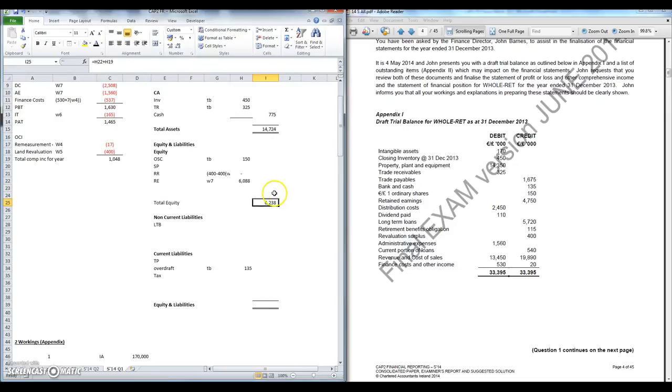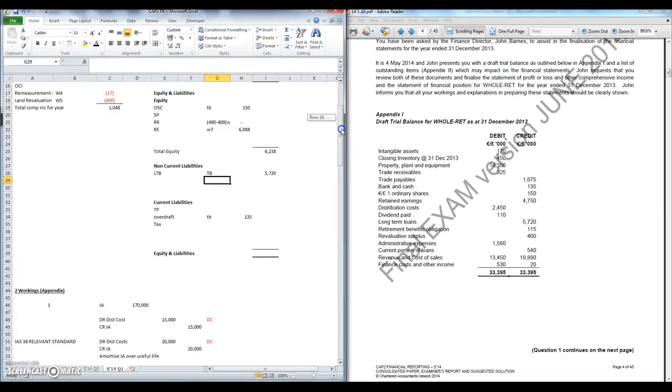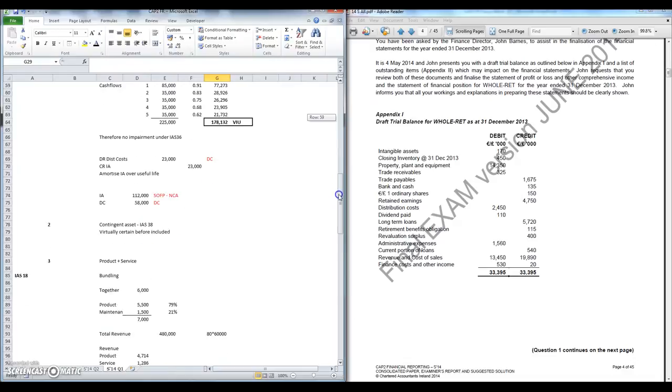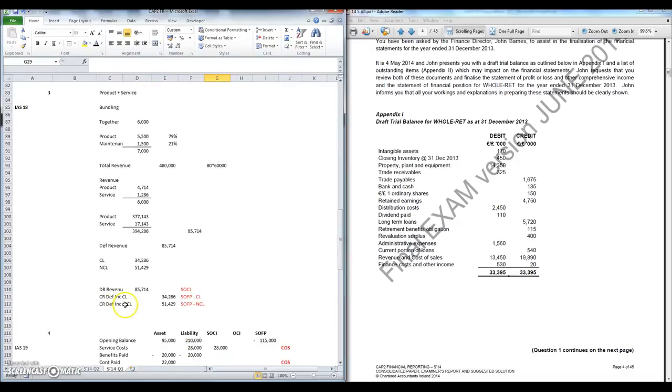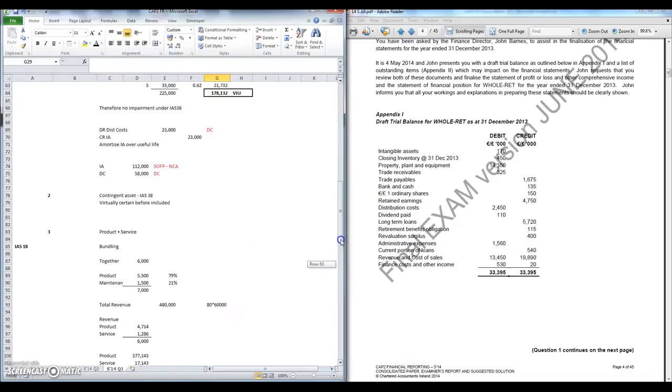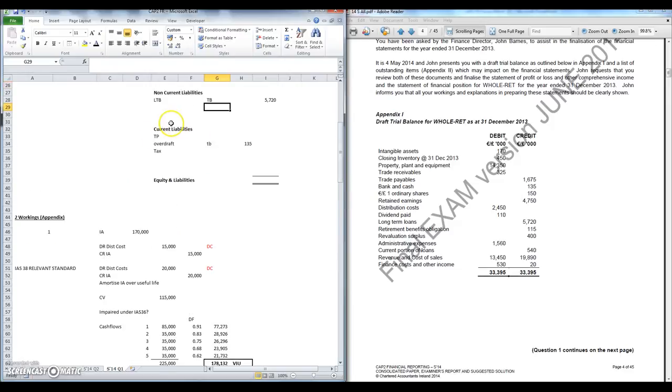So non-current liabilities, well, let's look in here. Do we have any long-term loans? We have 5720. So a lot of this is either taken from the workings or taken from the trial balance. Do we have any other long-term liabilities? If we look down here, long-term liabilities, deferred income of 52,000 should I say. So deferred revenue of 52.